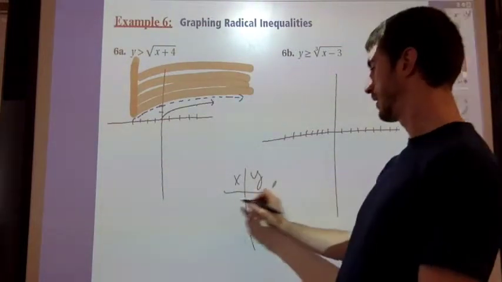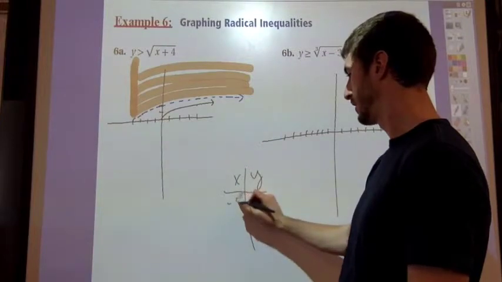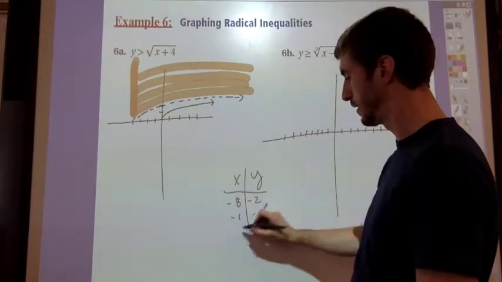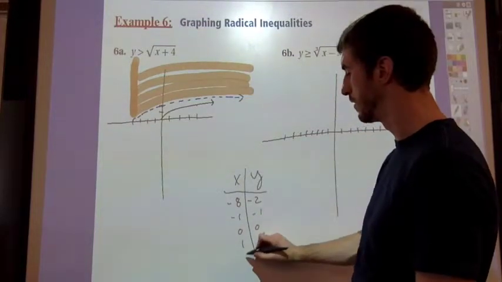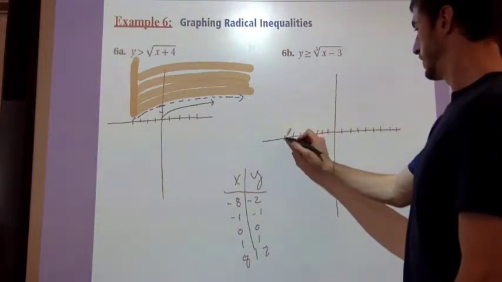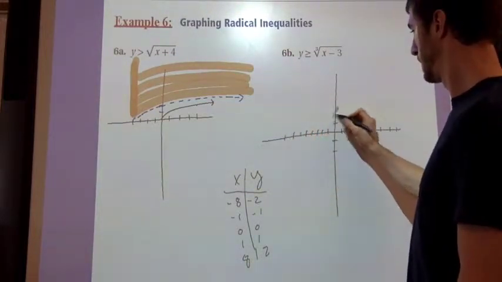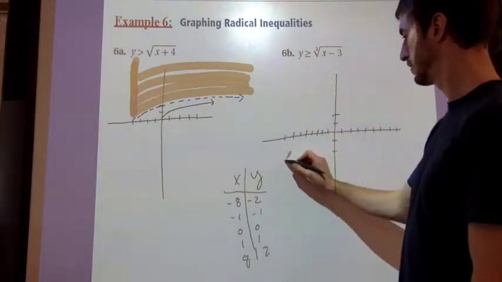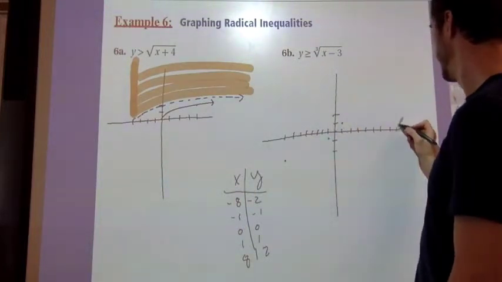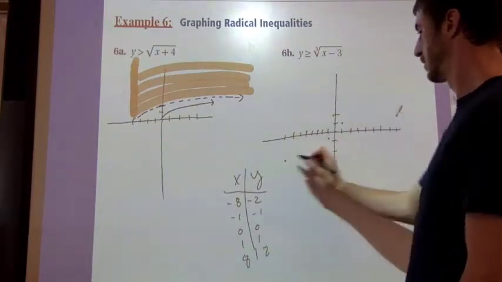We can plug in -8, and we have a value at -2. We can plug in -1. We have a value at -1, 0, 0, 1, 1, 8, and 2. So at -8, we're down here. Down here at -2, -1 and 1, 0, 0, 1 and 1, 8 and 2.